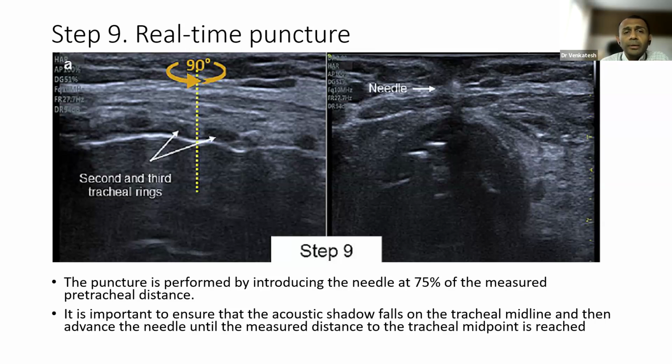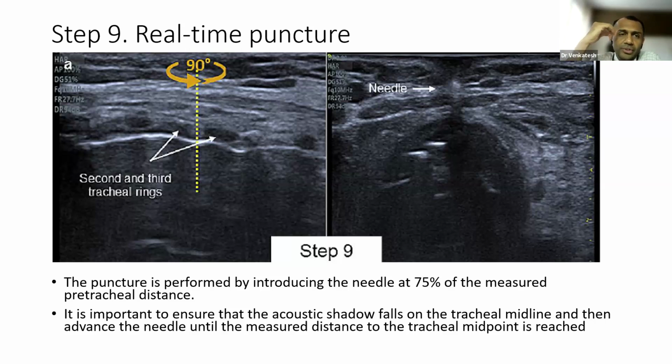So you get a transverse longitudinal view. Then you can either rotate the probe wherever you identified the second and third cartilage, rotate the probe 90 degrees, get it to the transverse position, or you start the transverse axis view from the level of the cricoid, slide your probe down to the first cartilage, then reach the second cartilage.